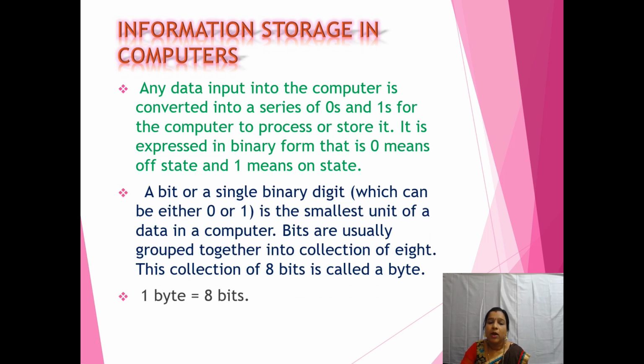Next, a bit is a single binary digit which can be either 0 or 1. It is the smallest unit of data in a computer. Bits are usually grouped together into a collection of 8. This collection of 8 bits is called a byte.